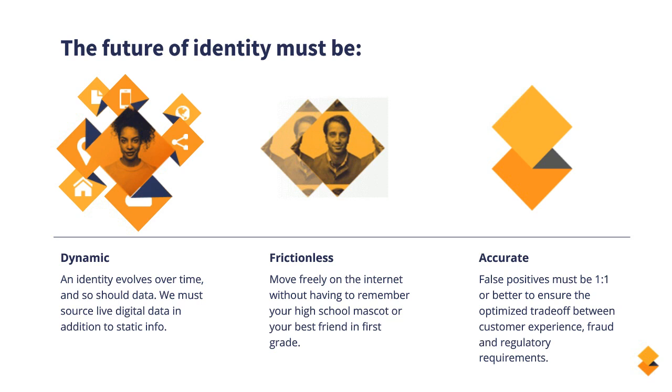You're not driving away these folks that you spend so much money to acquire, while at the same time, you're incredibly accurately predicting the fraudulent individuals, the individuals that are going to cost you massively in losses. And so to be dynamic and frictionless and accurate is where we believe the future of identity verification and fraud prediction is going.